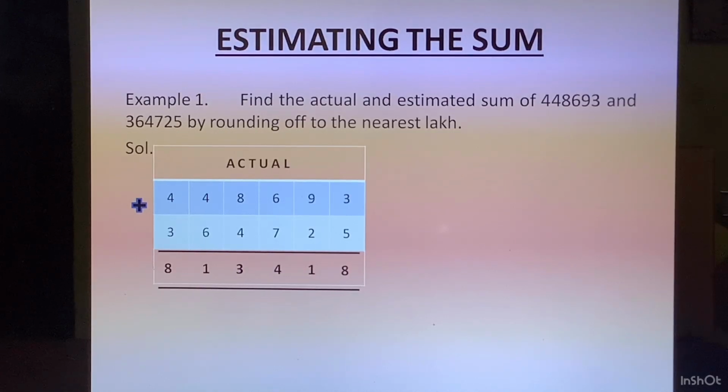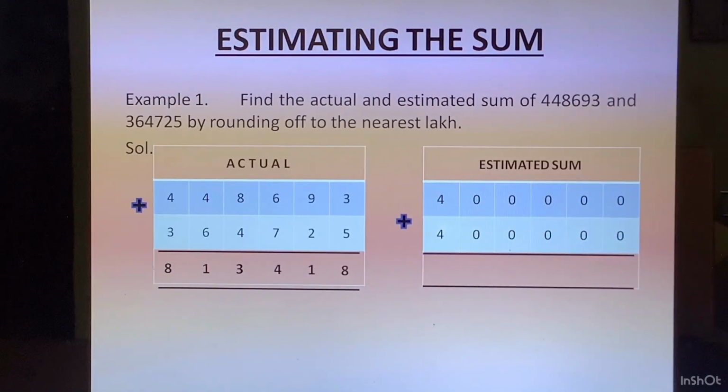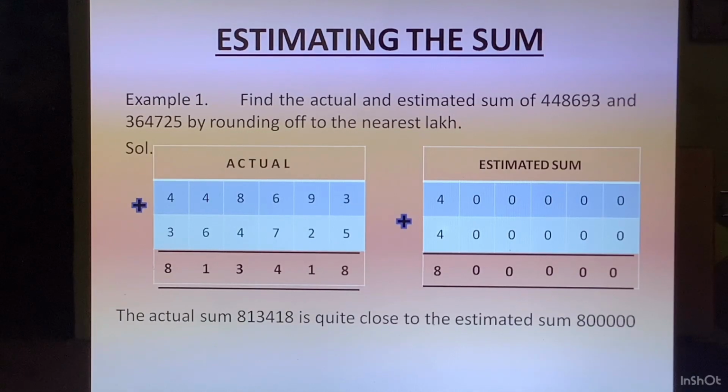So here also we will get 4 lakhs. Now we'll add it. We get 8 lakhs. So if you see, both the numbers are quite close. The actual sum 813418 is quite close to the estimated sum 8 lakhs.